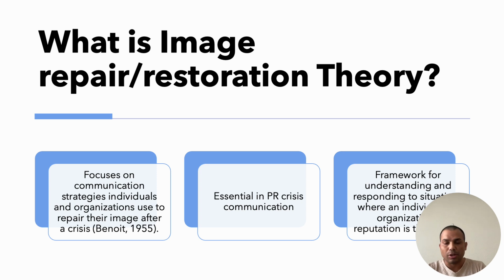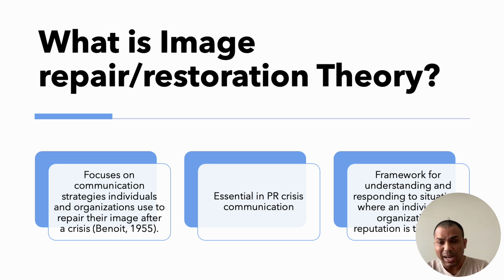This theory helps us find the communication strategy to resolve those challenges that are impacting the organization's image or reputation. Mostly this theory is used in the crisis communication context in PR.